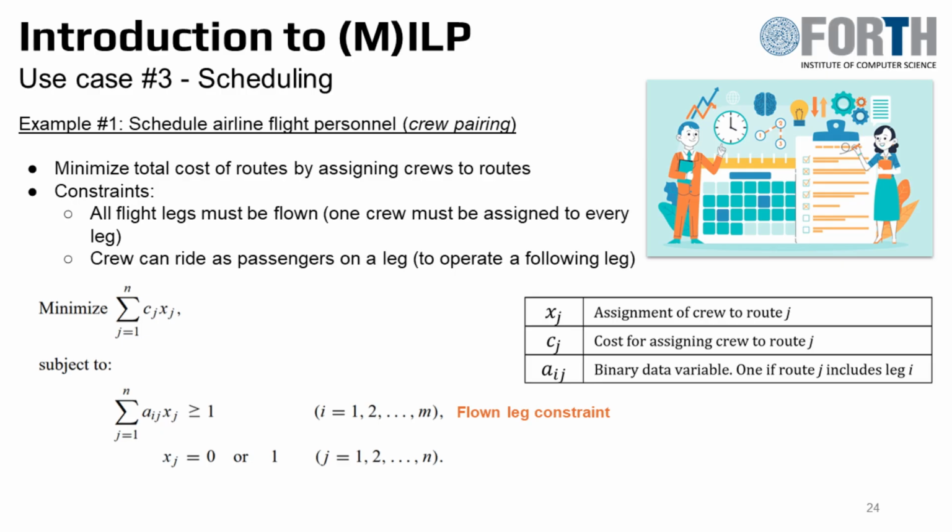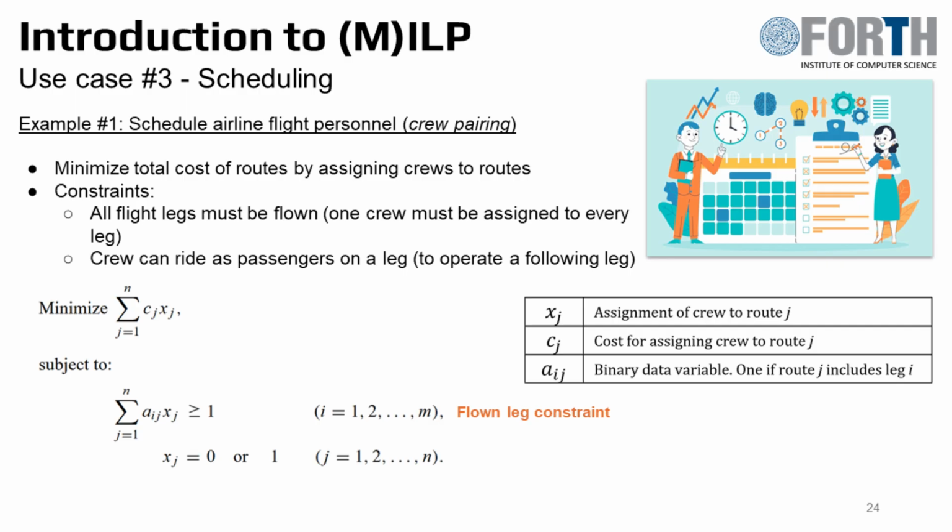The formulation can be extended to reflect additional operational flexibility. In practice, a crew does not always operate every leg included in its assigned route. Sometimes a crew may travel as passengers on a flight in order to position themselves for a later leg that they will actually operate. This possibility changes the coverage logic slightly.